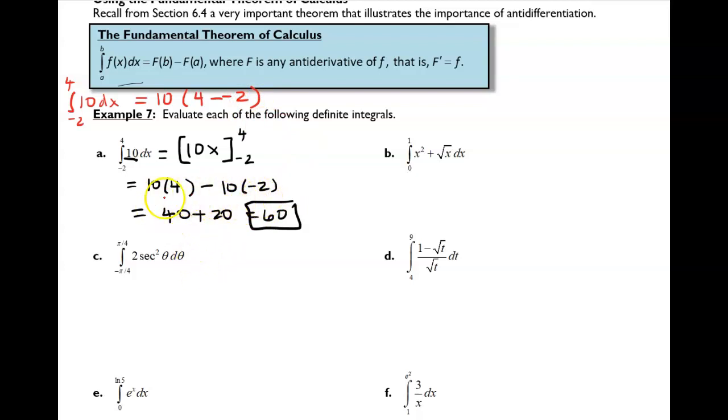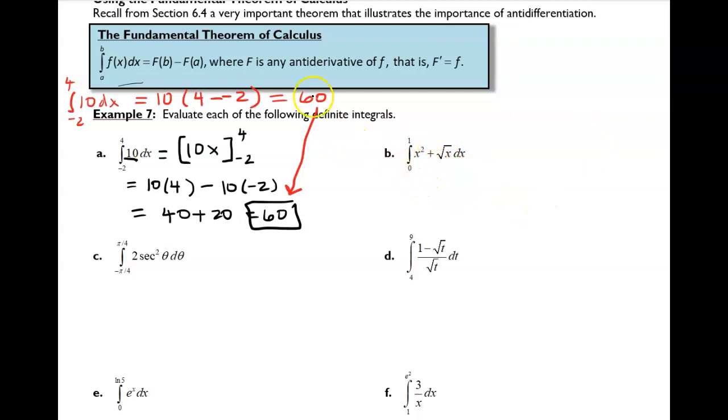Notice that's the same thing I did here. This is just distributed compared to what I had up here. I would have gotten 60 the same way. So you can actually do that same rule whenever you see a constant here, or you can take the antiderivative and plug things in. But just realize you do get the same exact answer either way you do that.